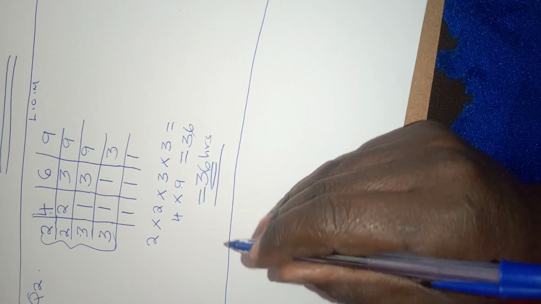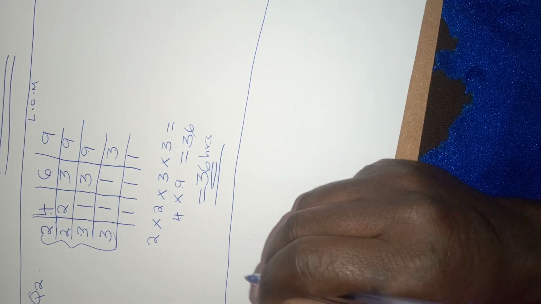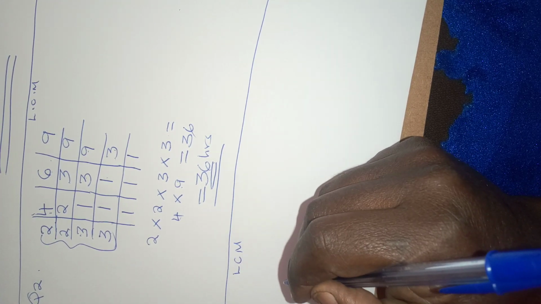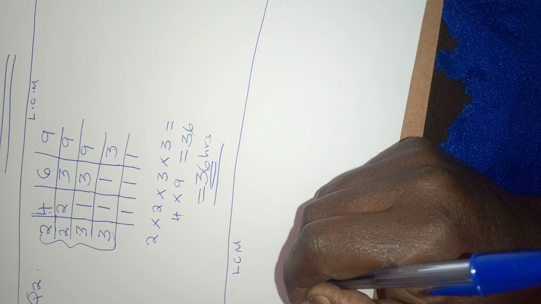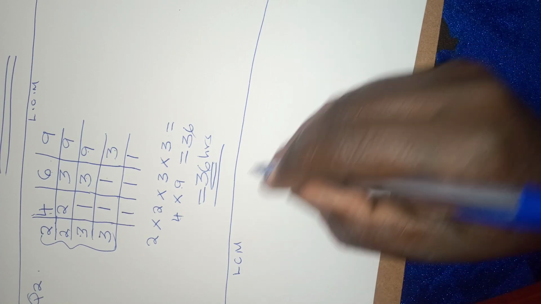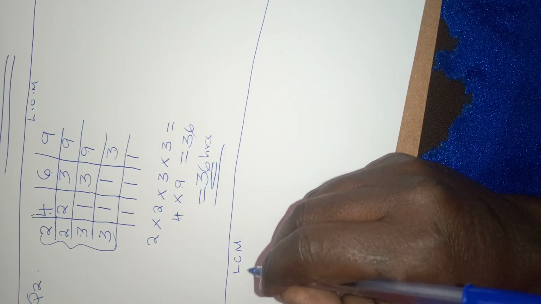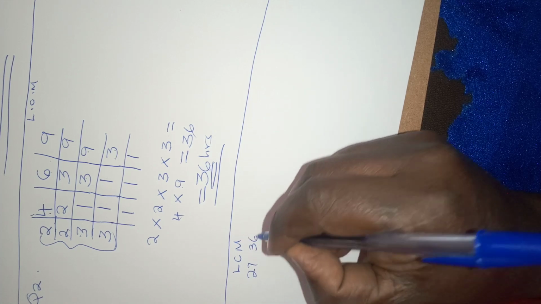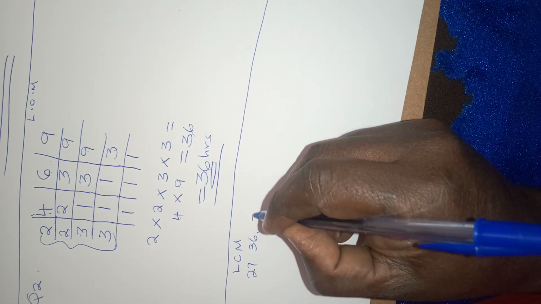So to the solution, we start with the LCM. Thereafter we shall be able to find the difference between the two. So the LCM of 27, 36, and 54.